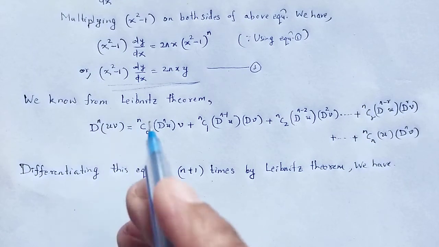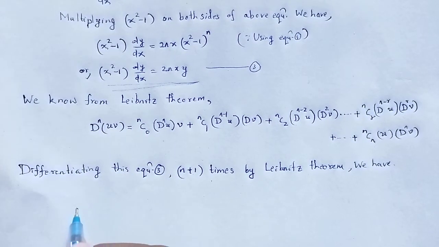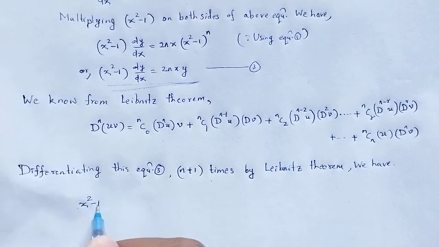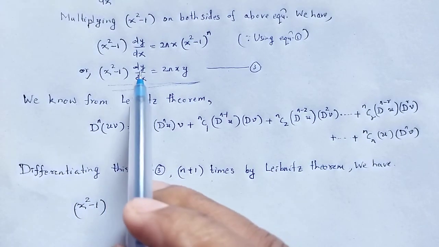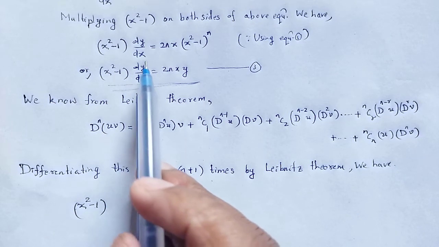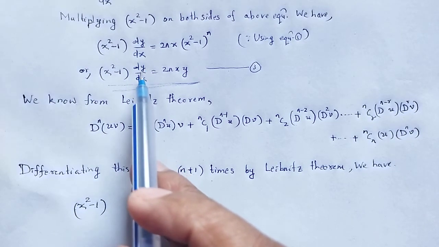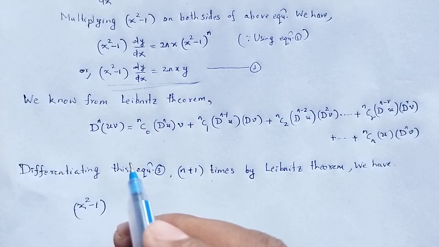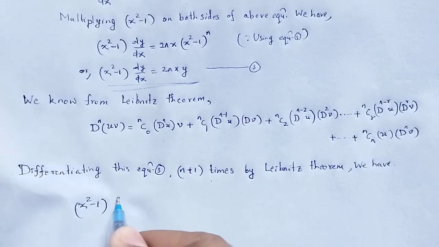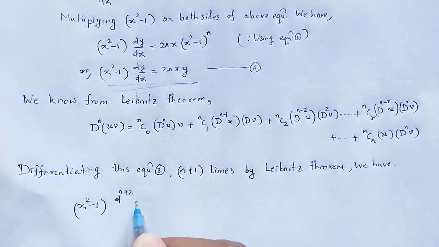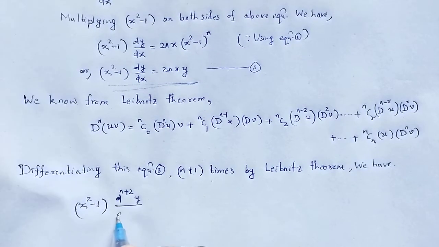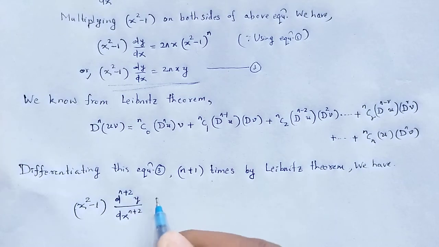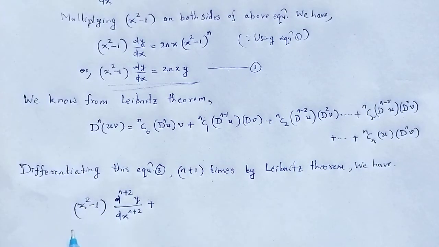Now we differentiate equation number 3 n plus 1 times. What happens? That will be (x square minus 1) times dy by dx, the first order differentiation, which after n plus 1 times becomes the n plus 2th derivative of y, d n plus 2 y by dx n plus 2, plus, since nc0 is equal to 1, I don't write that one.